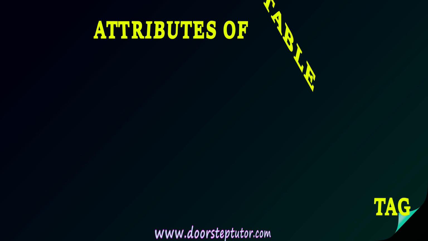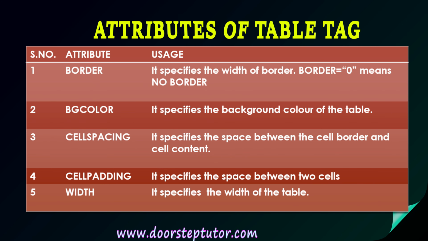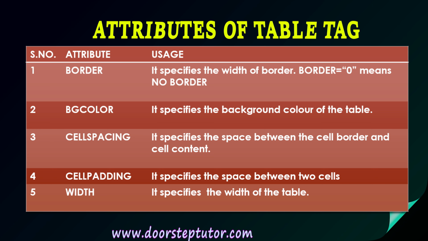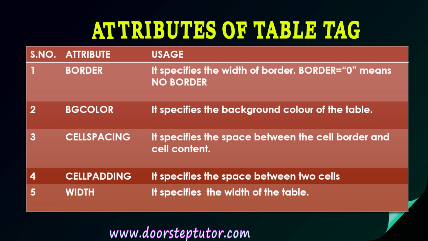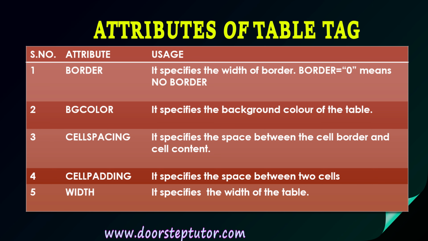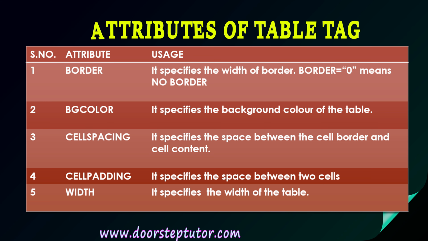So let's understand it with some more attributes, that is, what are the different attributes that can be used in combination with the table tag. Along with the table tag we can use border. It means that we can give a solid border according to the requirement.